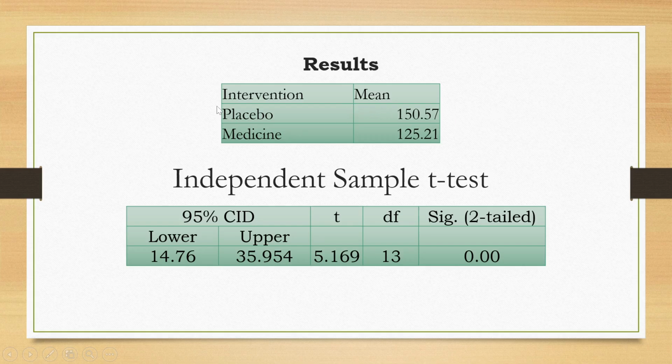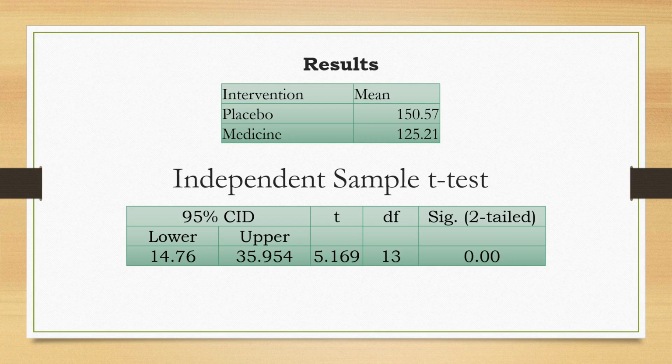For those who used the placebo, the mean blood pressure was found to be 150.57, whereas for those who took the medication, their blood pressure was found to be 125.21. Coming to this table here for the independent sample t-test, we look at the significance level. The significance level is smaller than 0.05, or smaller than 0.025.